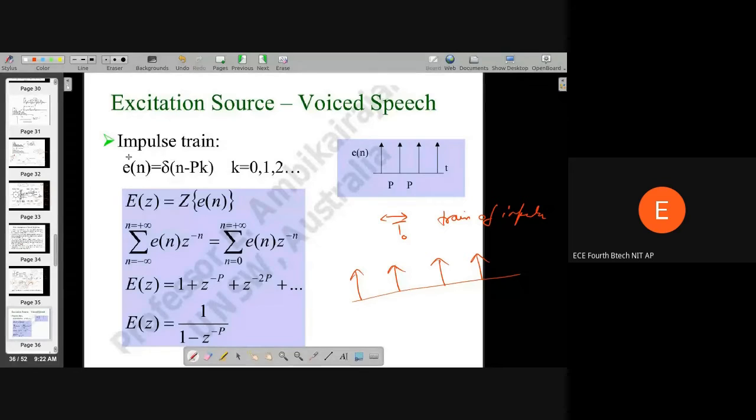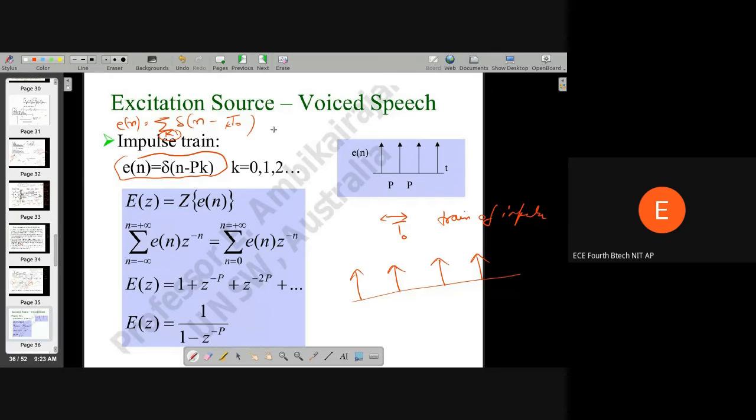How is the train of impulses? e(n) equal to the summation of delta of n minus kT naught, or kP. Now, how many times you do k depends on the frame size you have chosen. How many impulses will be there in your frame? Based on that, the number of k will vary.